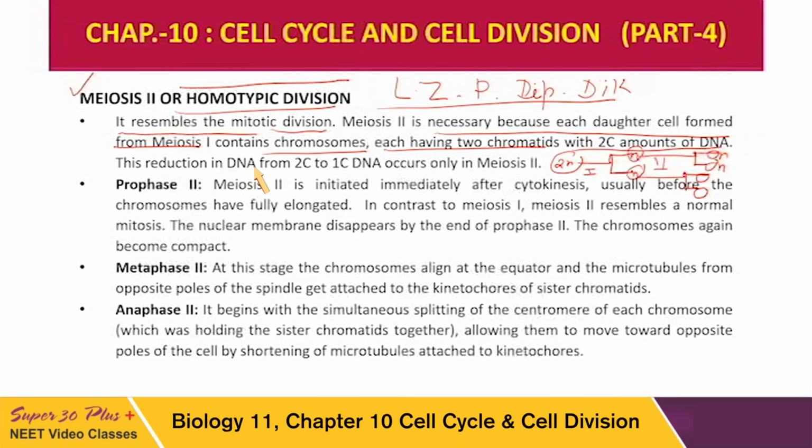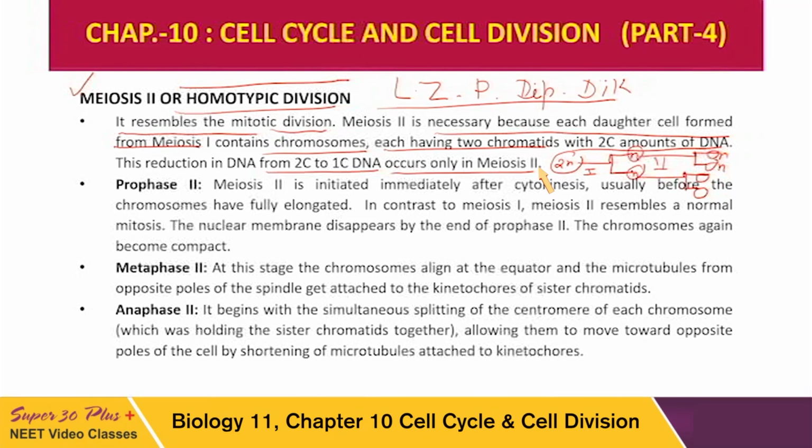Reduction in DNA from 2C to 1C occurs in meiosis second only. Then in interphase, this amount of DNA will again be doubled. We have to see the details of this.